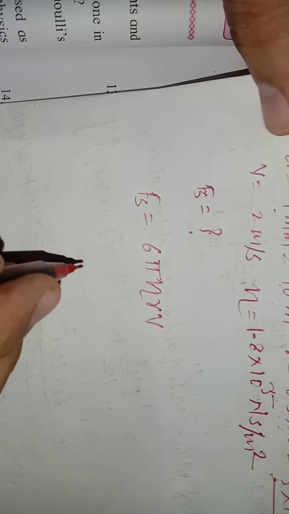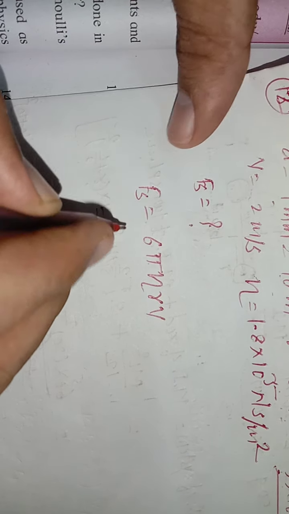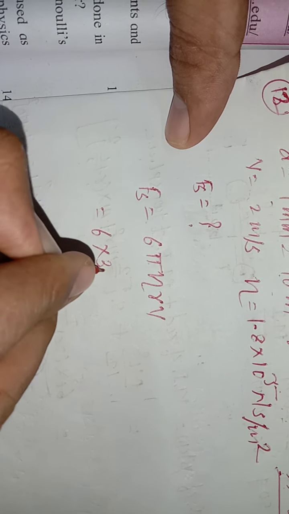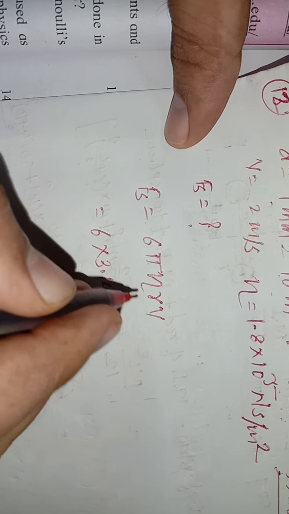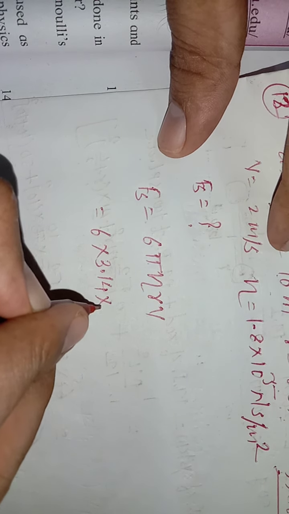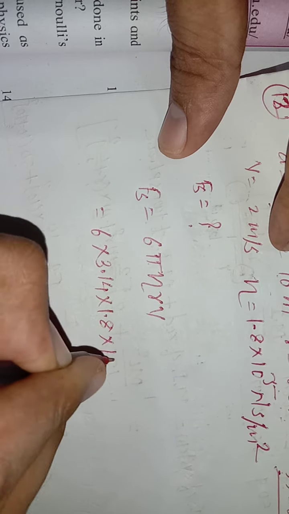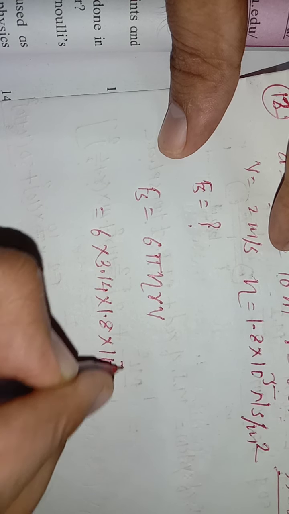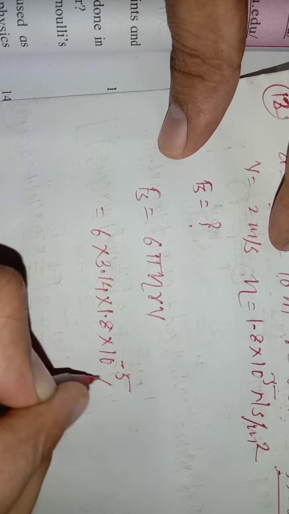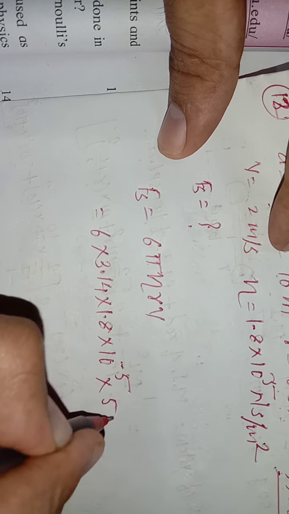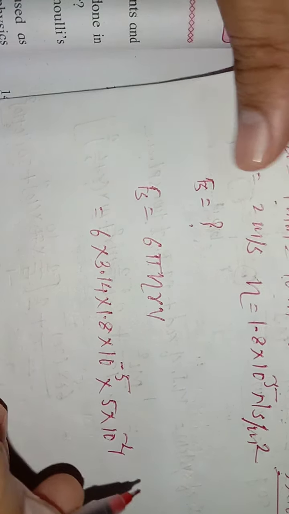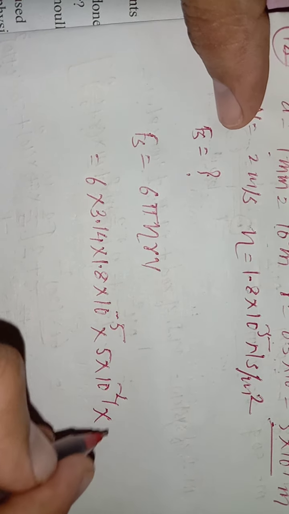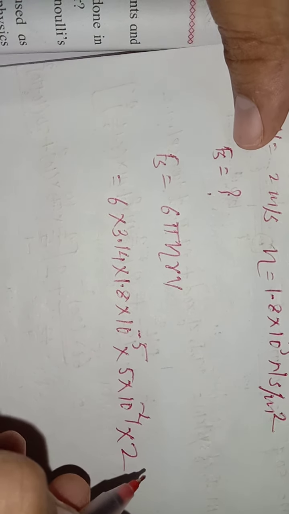Now put the magnitudes: 6 into pi, which is 3.14, into eta, also given, 1.8 into 10 raised to minus 5, into r, which is 5 into 10 raised to minus 4, into phi, also given, that is 2 meter per second.